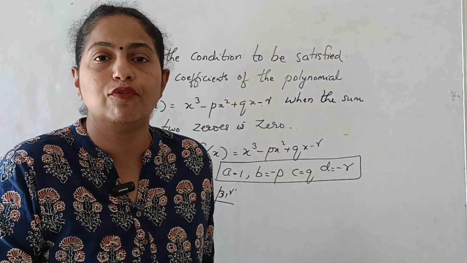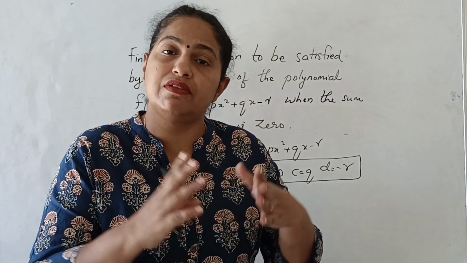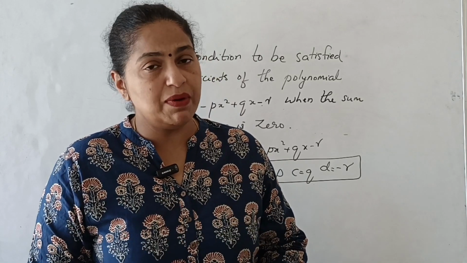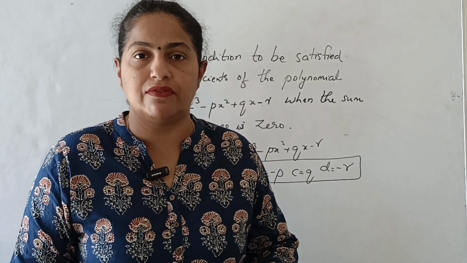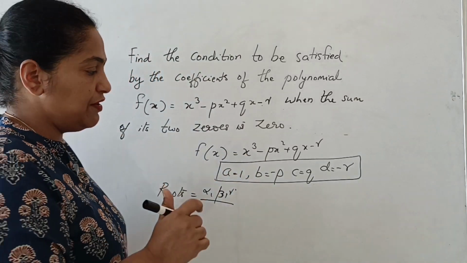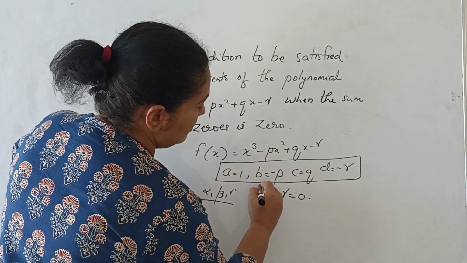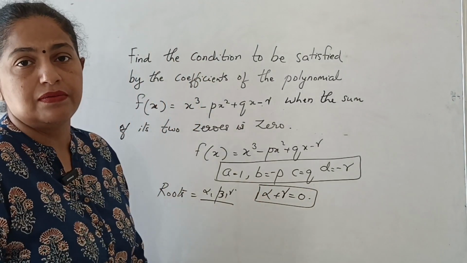If you want alpha and beta, take alpha and beta, or beta plus gamma is equal to 0, or alpha plus gamma is equal to 0. I am going to take the sum of alpha and gamma is equal to 0. This is already given to us in the question.